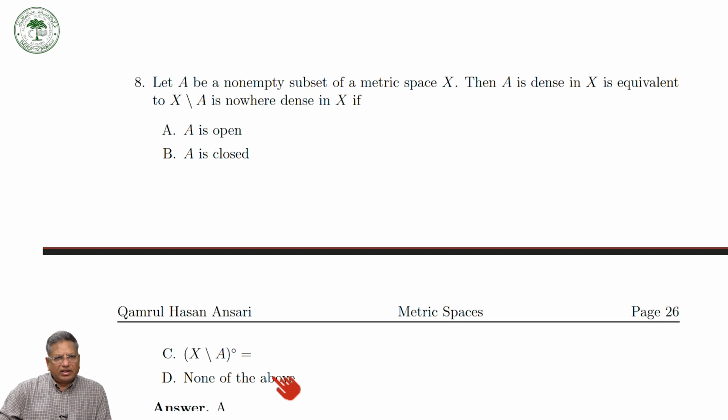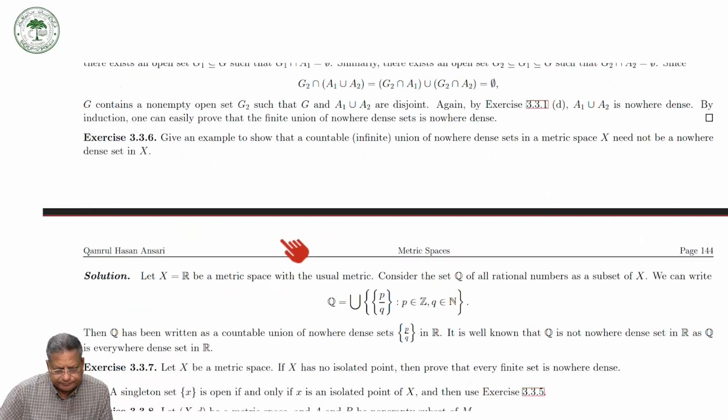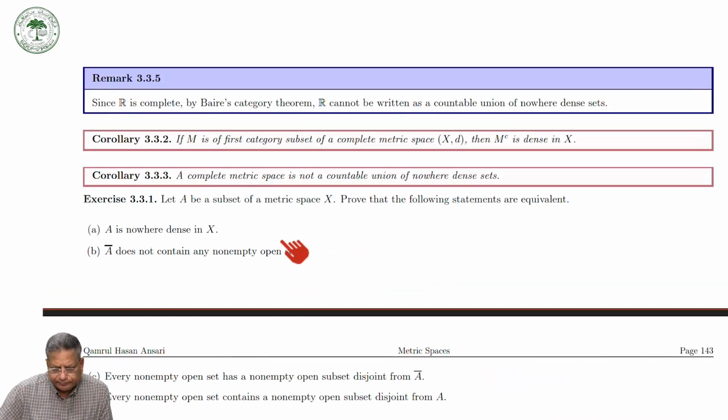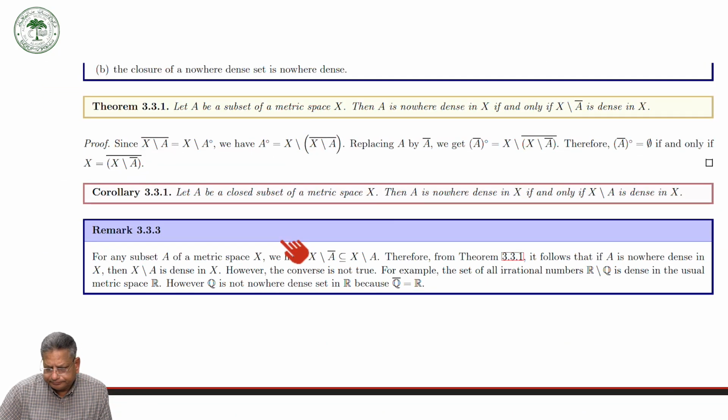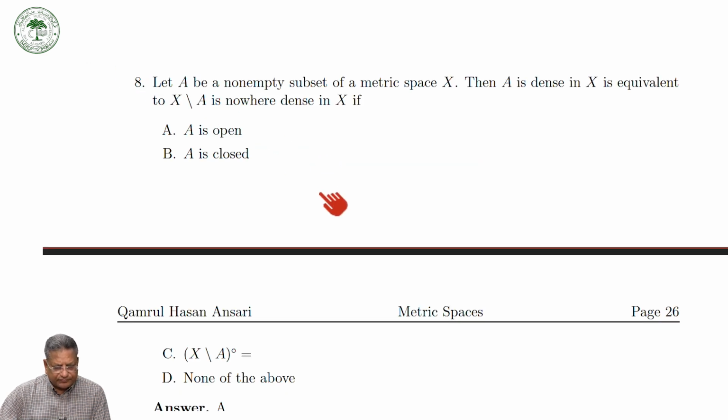We have seen that this we have proved: if A is a closed subset of X, then A is a nowhere dense set in X if and only if the complement of A is dense in X. So by using this, we get the answer of this question.